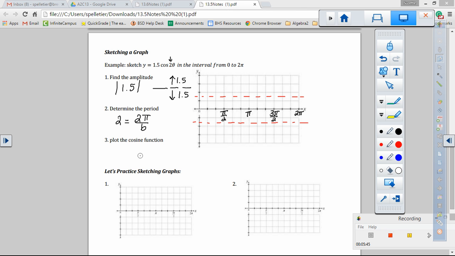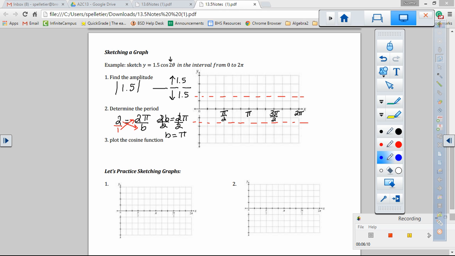Cross multiply. Put this over 1, bottom to top, top to bottom. So 2b equals 2 pi. Divide both sides by 2, and b equals pi. So I know that my function has to begin and end from 0 to pi.